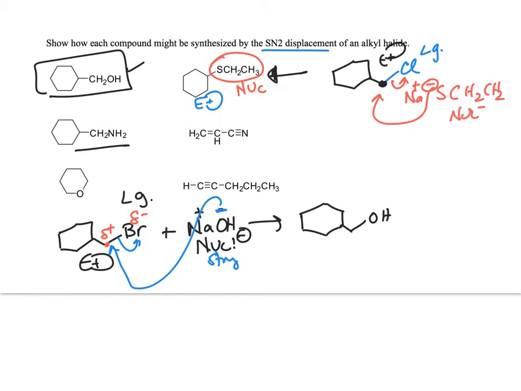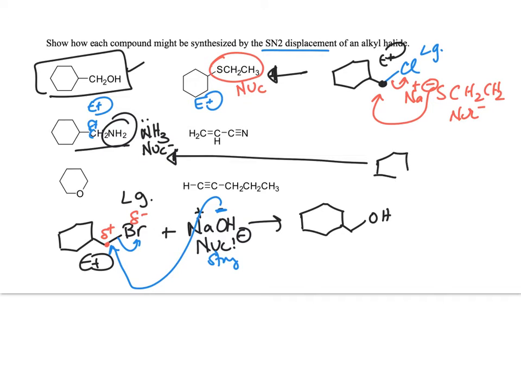Here we have to make the ammonia our nucleophile with its lone pairs, and this is our electrophilic carbon. So in order to make this product, we just put a leaving group here.